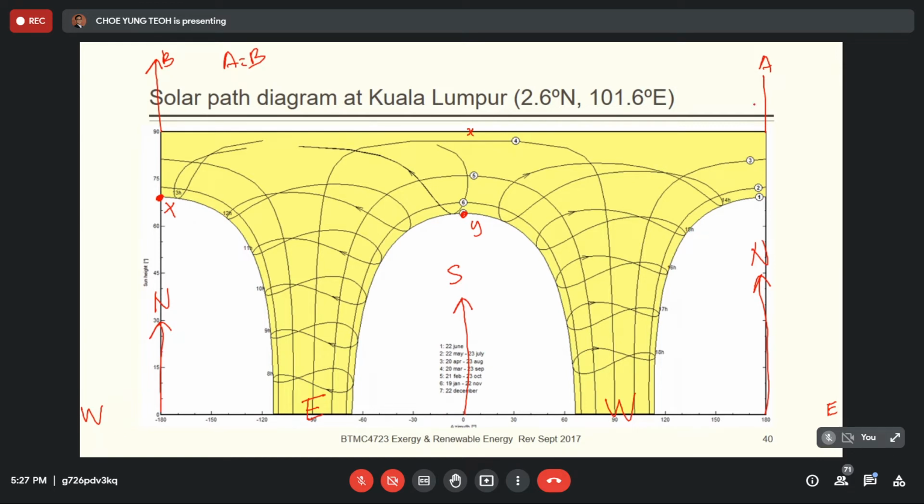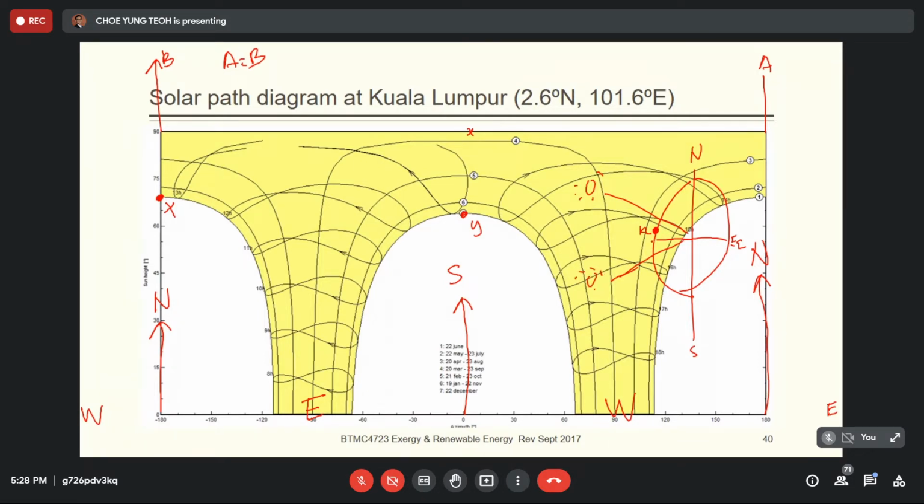So let's say we draw out the curve of the Earth. Let's say this is the Earth, north, south, and this is the equator line. And Malaysia is over here, Kuala Lumpur. And then this is the sun, the movement of the sun.